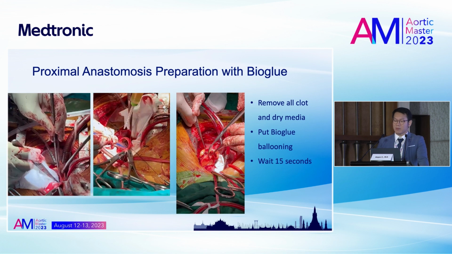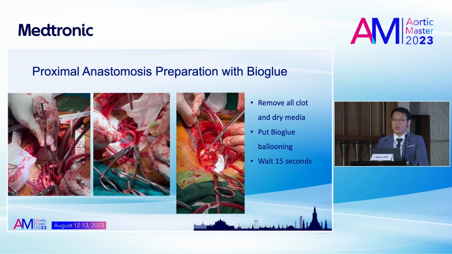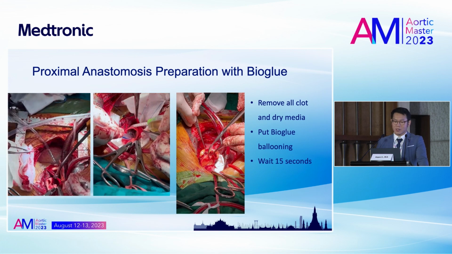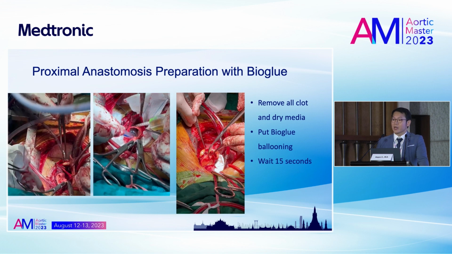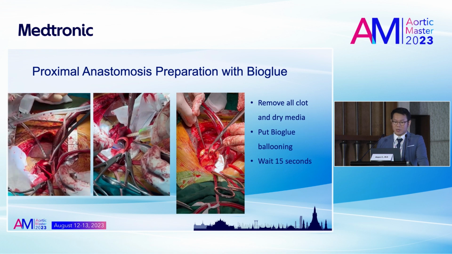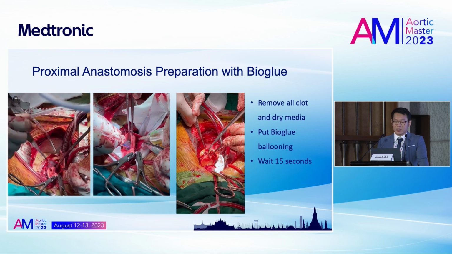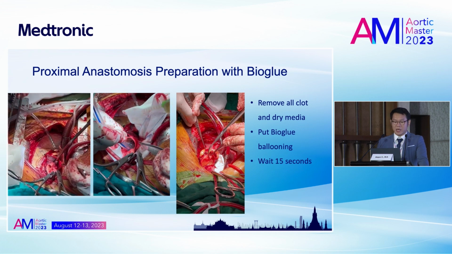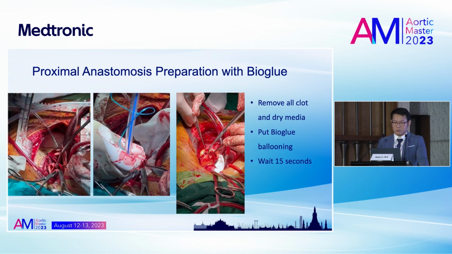After that, you put some bio glue, minimal, only 3 cc's inside, and then use an endotracheal tube number 6.5 and inflate it with around 15 cc's to reapproximate the media and adventitia, and wait around 15 seconds.